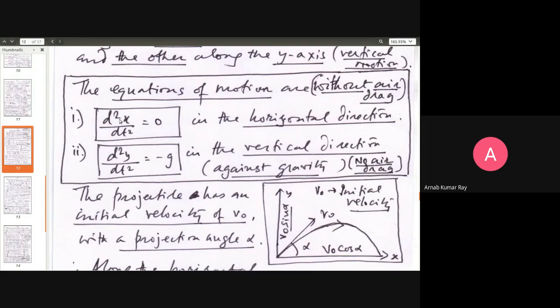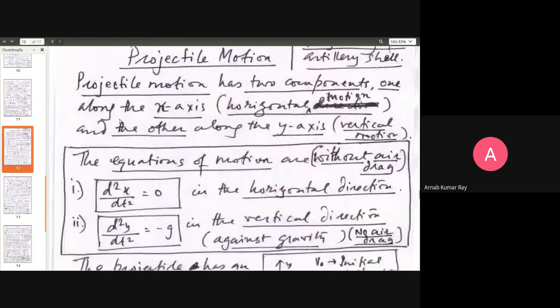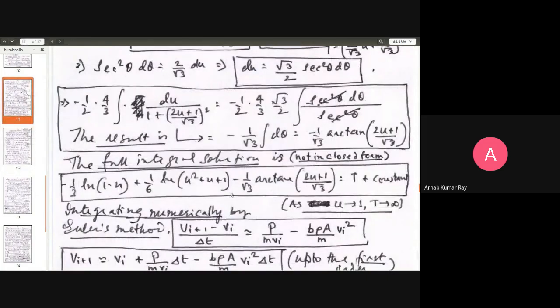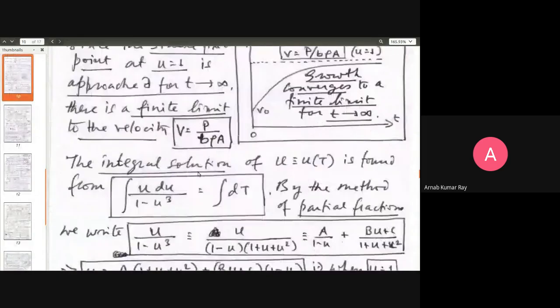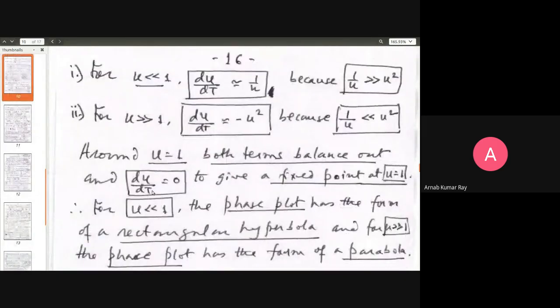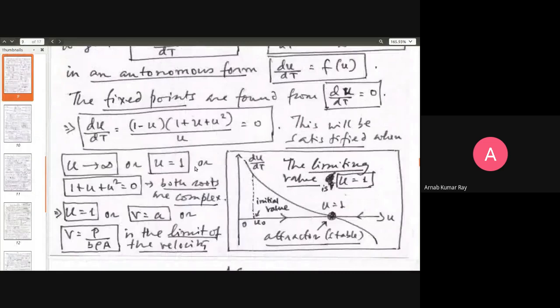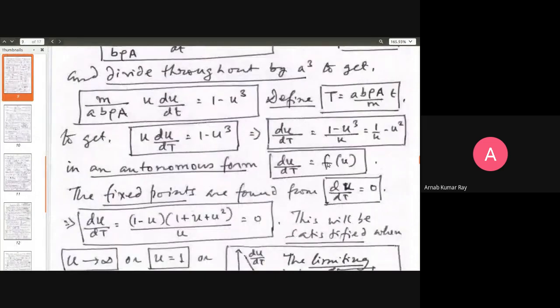Usually velocity equations, right? We worked with dv/dt. So now we are looking at the spatial equation as well. Even in the bicycle rider problem, you just worked with the dv/dt equation. As you can see, in the bicycle rider problem, your equation was du/dt, etc. Right? So this is the first order autonomous form.